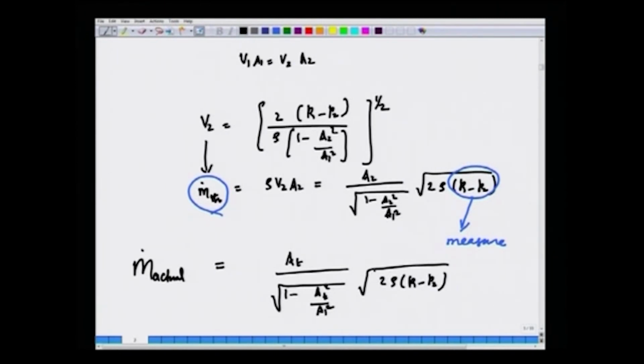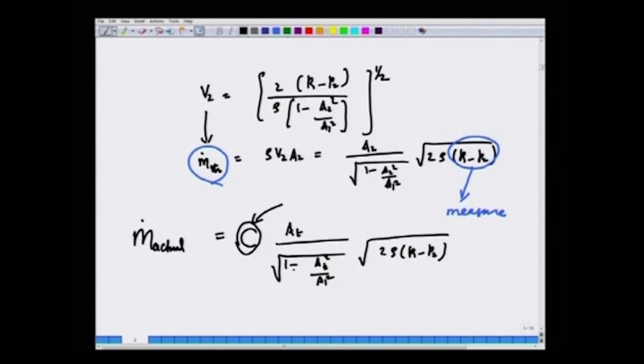But since there are so many approximations involved, the actual mass flow rate will be some constant times this, which has to be fitted experimentally or empirically by doing the following experiment. By knowing the given mass flow rate, and by measuring the pressure drop, we can fit the constant so that this equation is satisfied, and then this can be used to create calibration charts for a given meter.